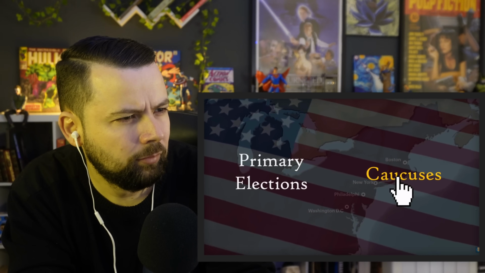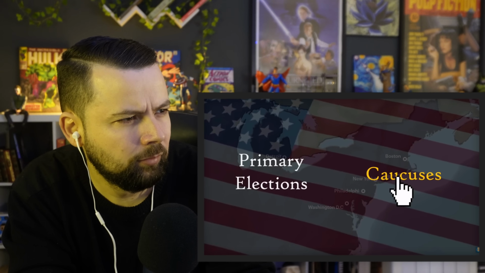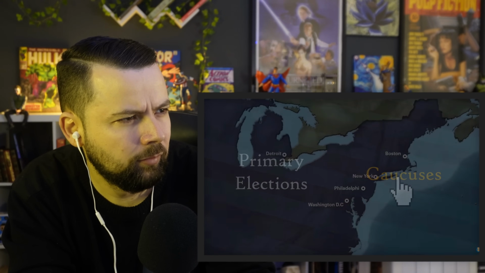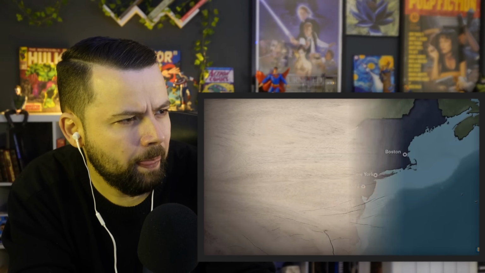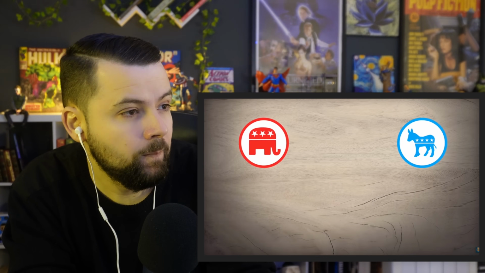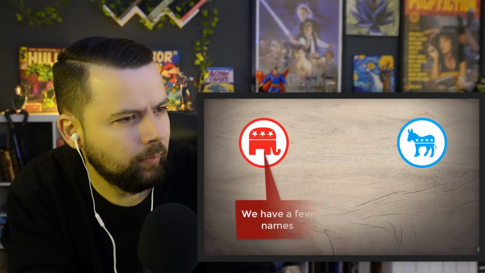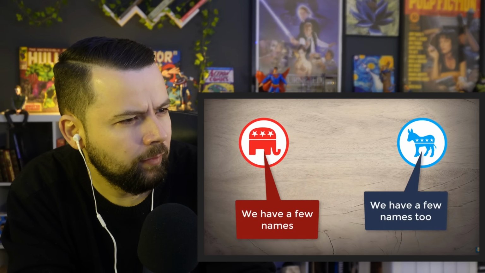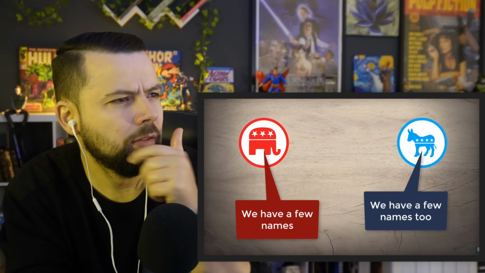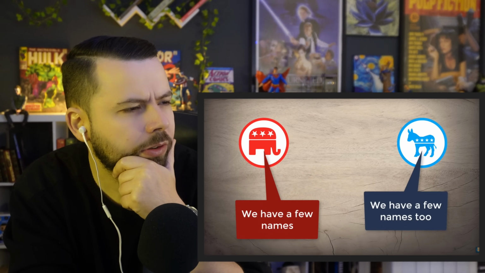Either way, both the primaries and caucuses begin at the start of an election year and play a significant role in determining each party's nominee for the actual presidential race. The results of the pre-election proceedings play a direct part in the decision that each party makes as to who will be their official candidate for the presidential race.